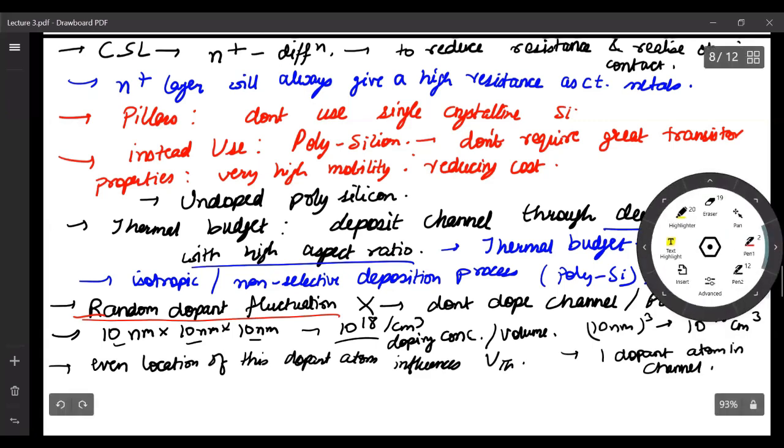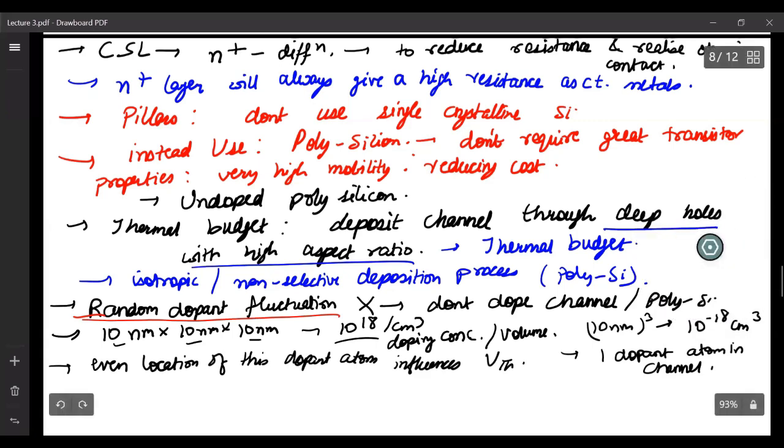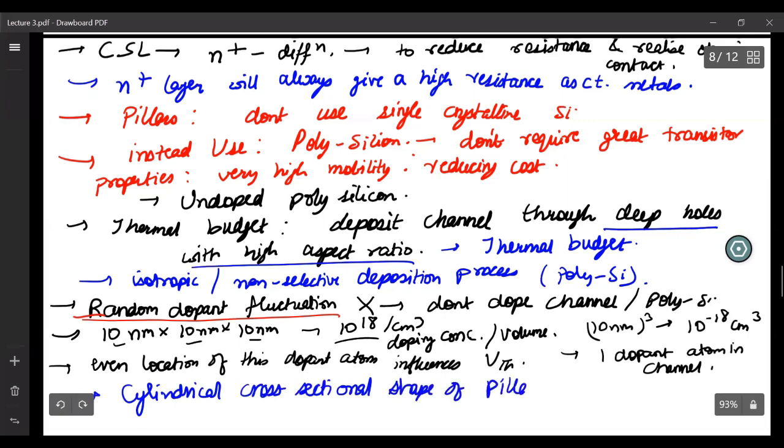However, with the polysilicon, you have grain boundaries and traps associated with them. We'll discuss that in the next slide. But another advantage that you have here is the cylindrical cross-sectional shape of the pillar, and you have a gate-all-around structure.